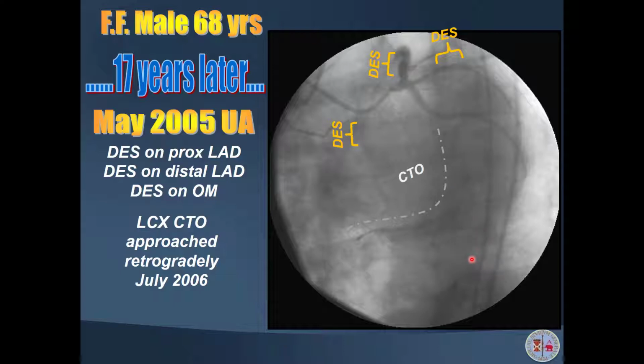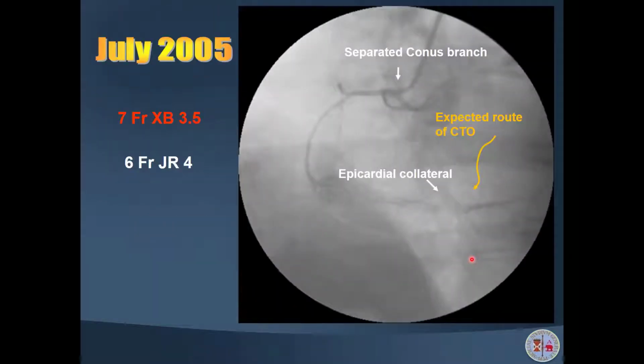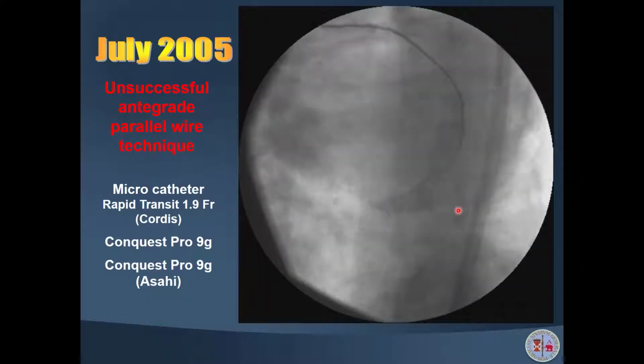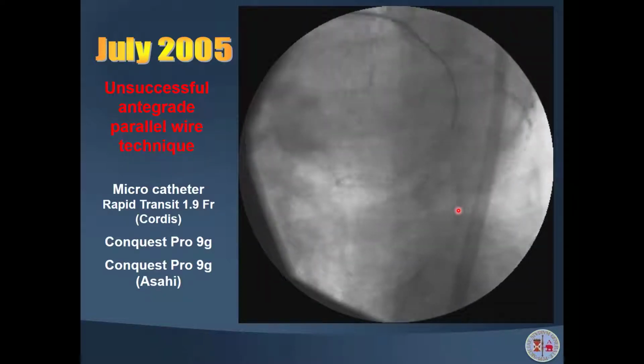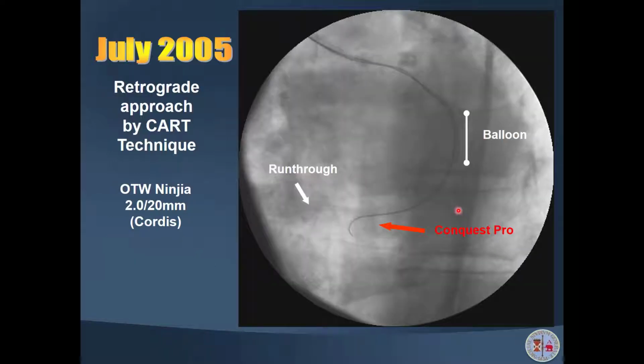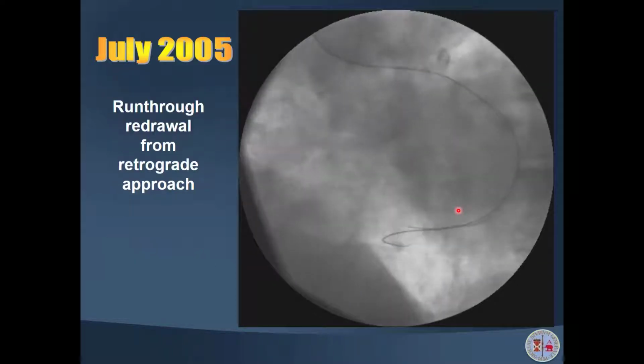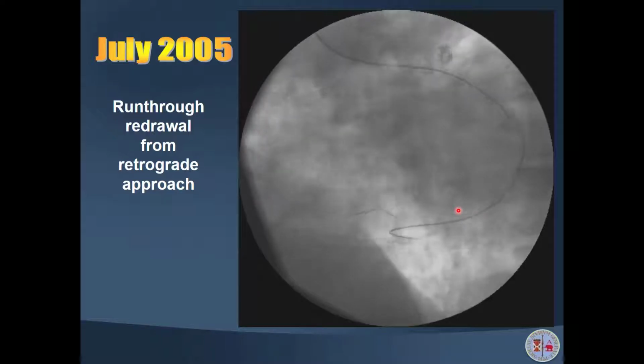It was a little bit cumbersome, but anyway, to make the story easy, we went through this epicardial collateral from small right, and then we did a CART technique, and then after removal of the wire from retrograde, we recanalized, as you can see here, the circumflex, and the circumflex was quite large.